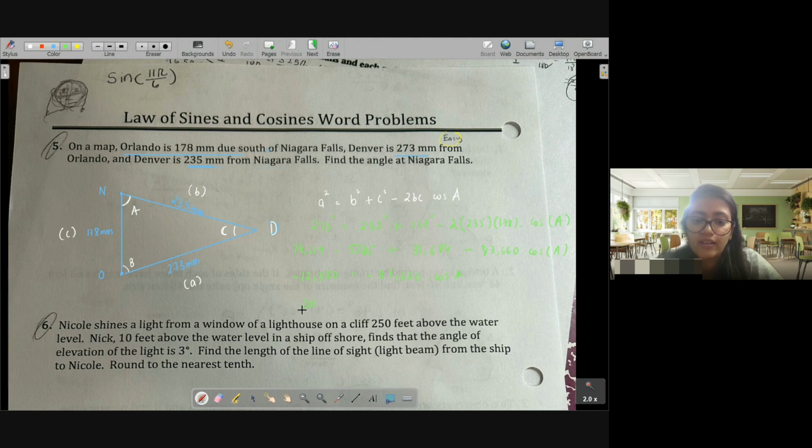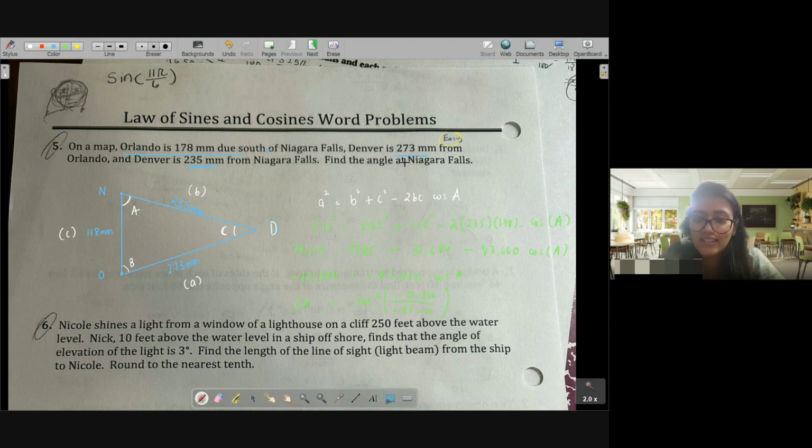That will be angle A. Angle A will be cosine inverse of negative 12,380 over negative 83,660. Okay, so this was easy.